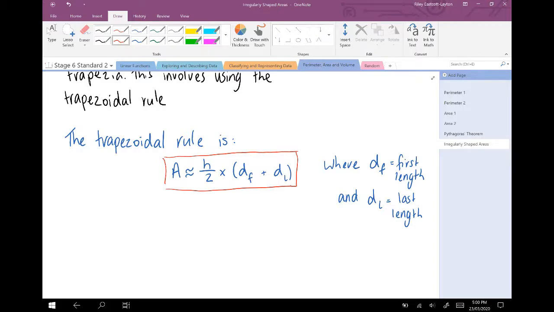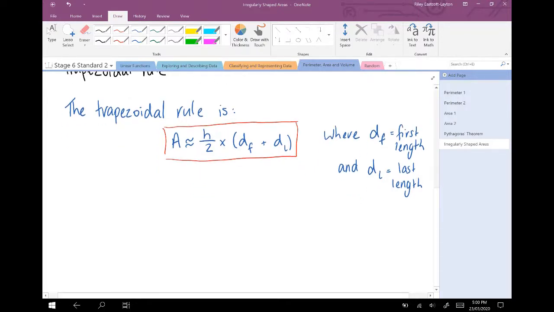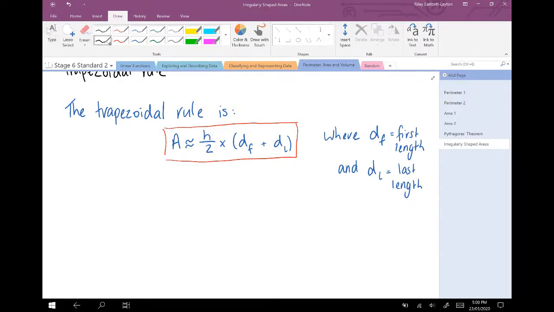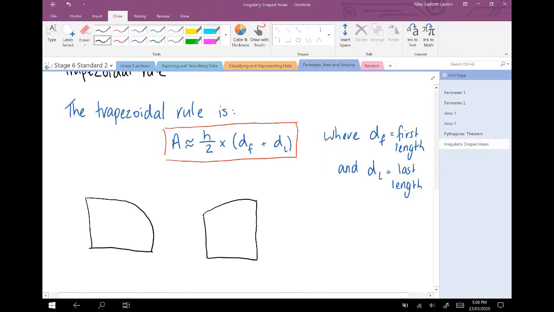Now the height, I will just say, isn't the traditional height, in that sometimes we deal with up and down being the height. It actually depends on which way our shape is orientated. What I mean by that is if we have a shape that looks like so, we're going to come across here and then have a bit of a curve here. Just assume that I've drawn a decent looking shape there. Then I'm going to draw that exact same shape, but on its side this time, with a little more curve there.